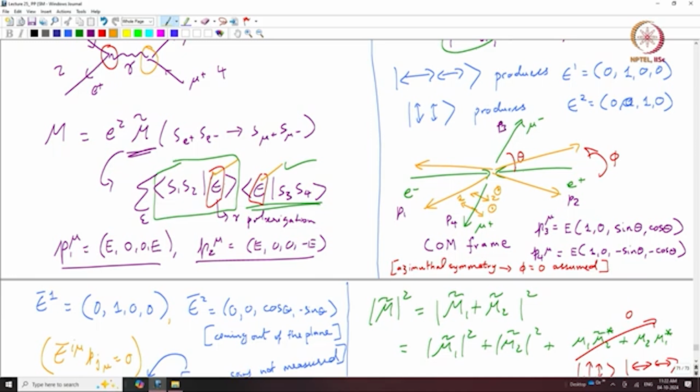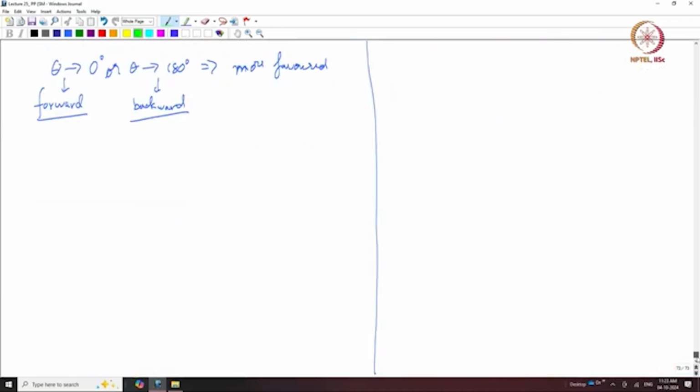Okay, that is very close to the electron positron beam. You'll get a lot more events here than here. So that is what this is telling us, and that is something that can be very easily checked already, right? Okay, that is one thing.